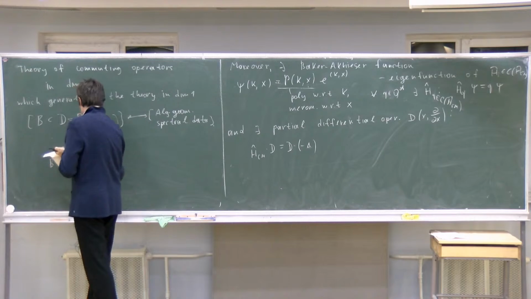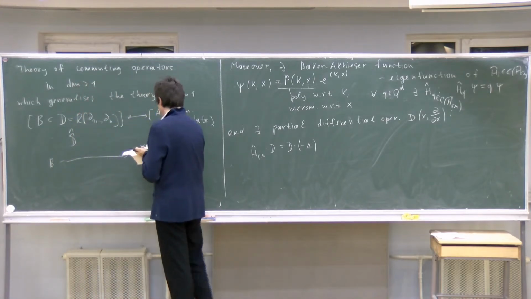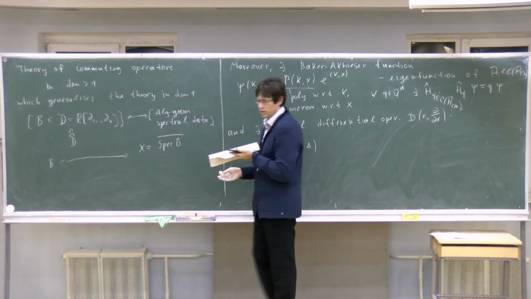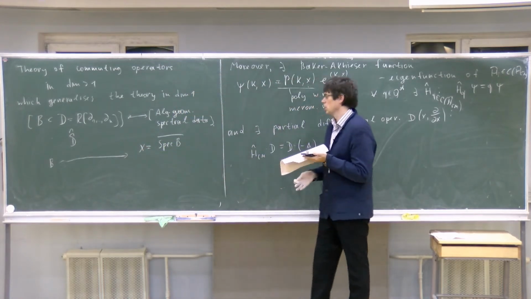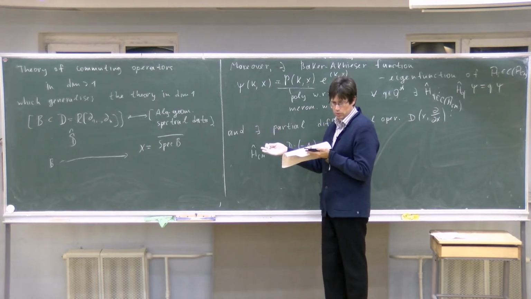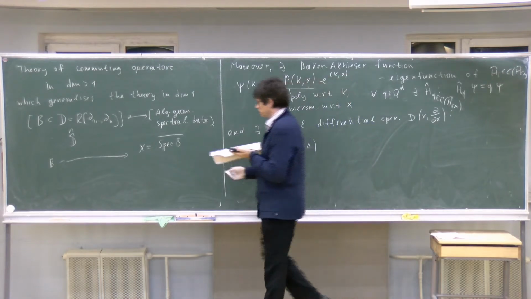Namely, to each ring B we can construct a variety, which is a completion of the spectrum of B. Well, let's assume that B is finitely generated. Then B defines an affine variety, Spec B, and we can somehow complete it to make a projective variety.